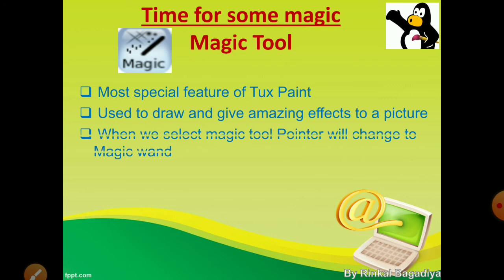When we select the magic tool, the pointer will change to a magic wand, like the magic stick of a magician. And we can select any effect using this magic wand and apply effects on our drawing. So let's see some magic tools to create magic on the canvas.